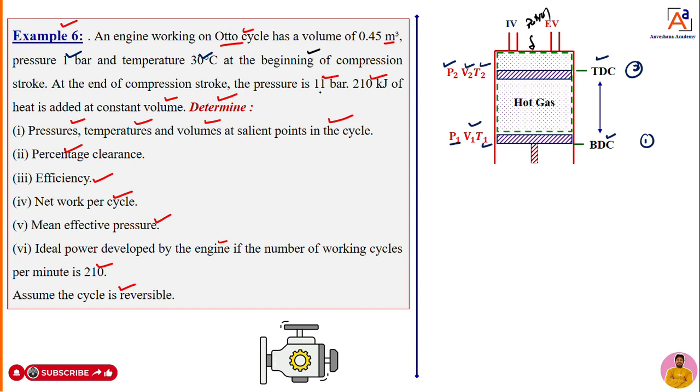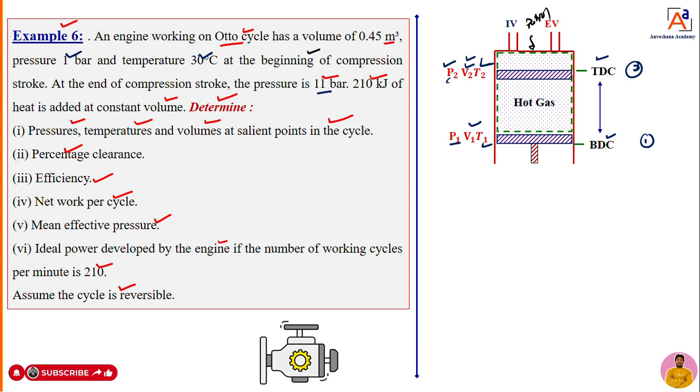When it gets compressed, the pressure increases from 1 bar to 11 bar. So P2 he has given, but he has not given V2 and T2, but we can determine them with the help of the Otto cycle.